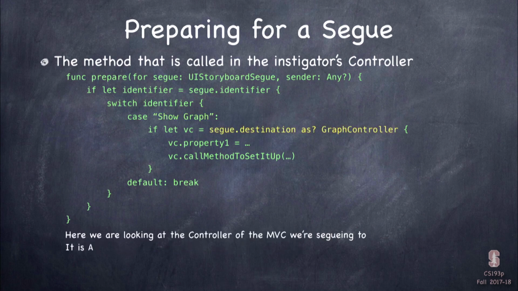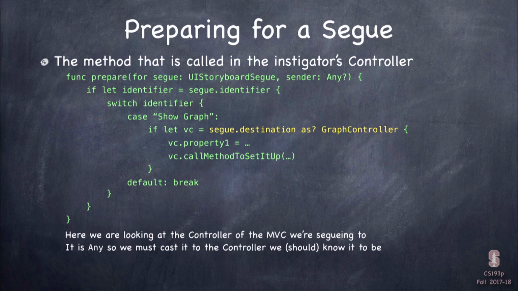Then we need to get the MVC that we are segueing to and prepare it. Well, segue.destination, that var destination in the segue object that's passed to you, is the ViewController that you're segueing to, the brand new, just created MVC. But the type of that var is not going to be a graph controller or something like that. It's going to be just UIViewController.